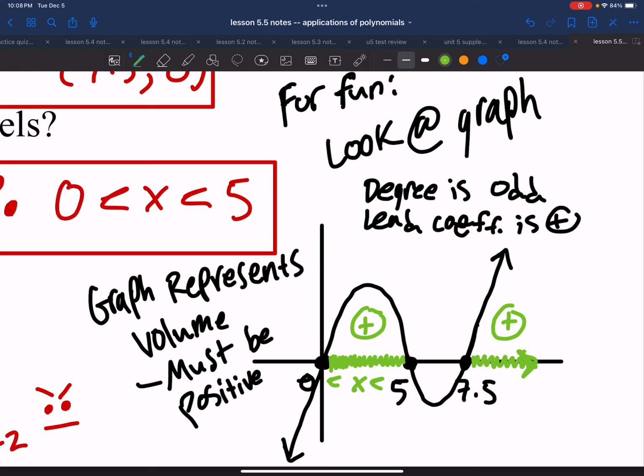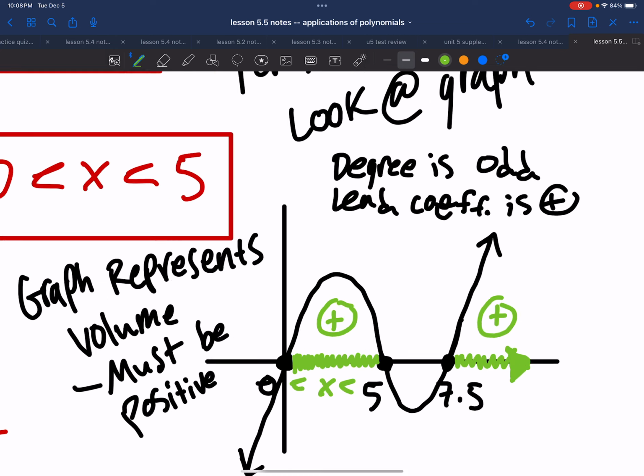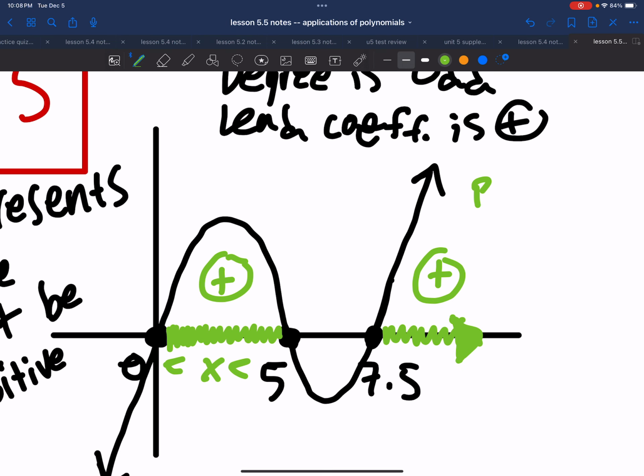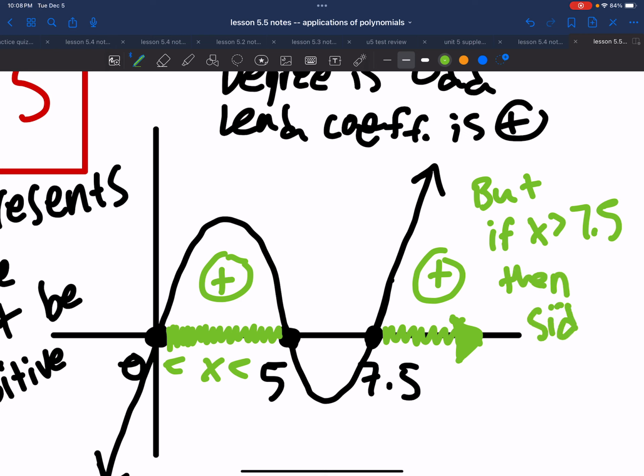So it does go on to infinity that direction, but if x is greater than 7.5, then the side lengths are negative, right? These sides are negative.